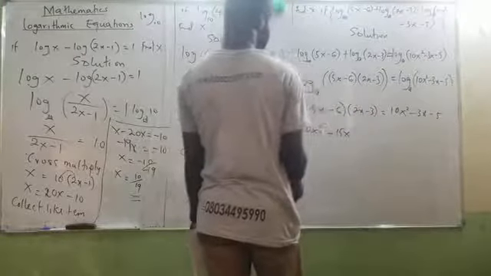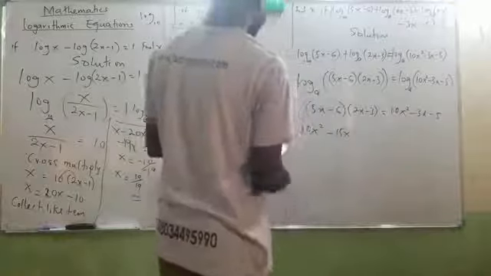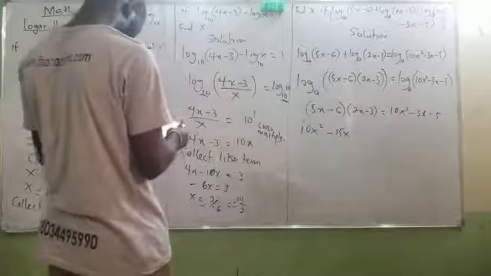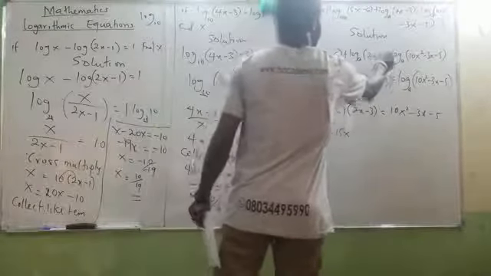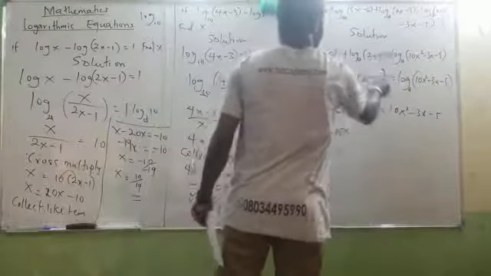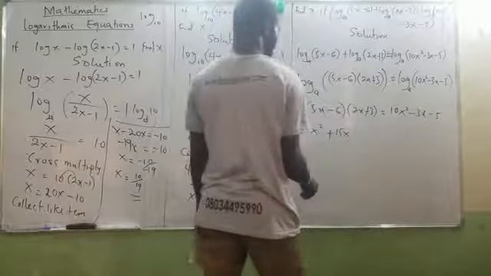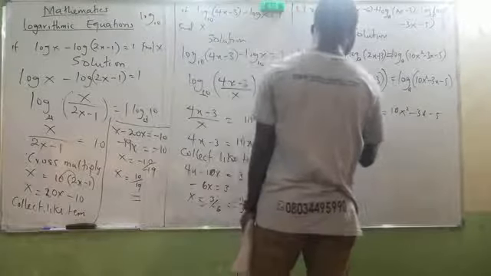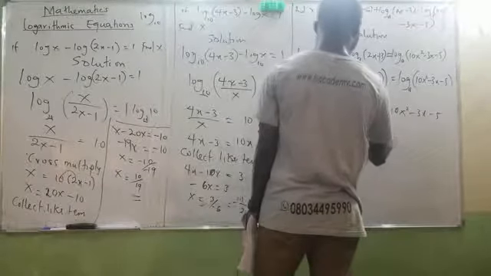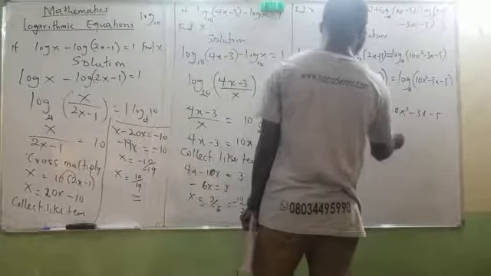Is it 15x? Hope I'm not making any mistake here. Oh, this is plus, sorry. If that is the case, here will be plus, here will be plus, and this will be minus 4x and minus 6 equals 10x squared minus 3x minus 15.